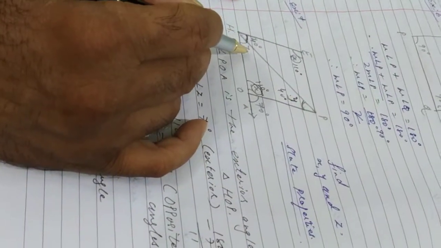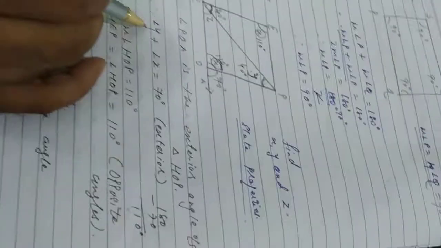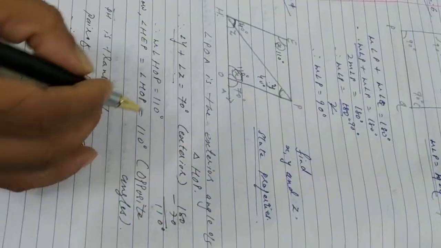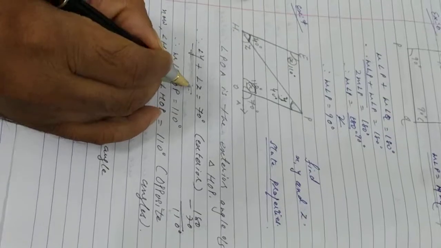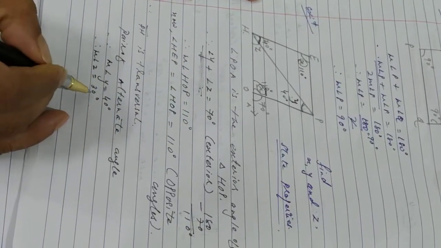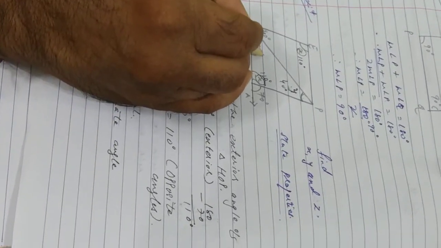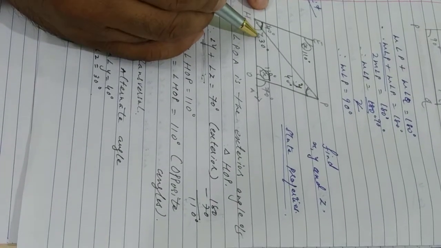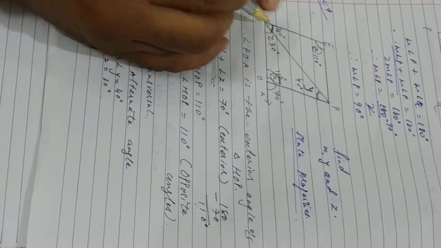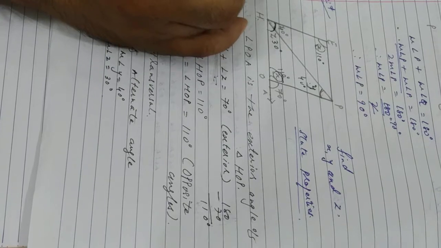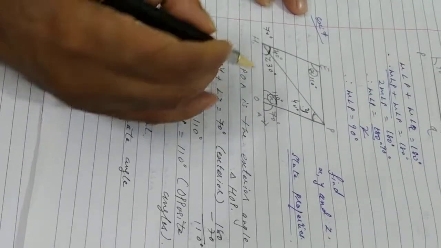So all of you understood? Otherwise Y plus Z is equal to 70, so from it also we get the same, Z is equal to 30 degree. Now 40 plus 30, what is the total? H is equal to 70 degree.